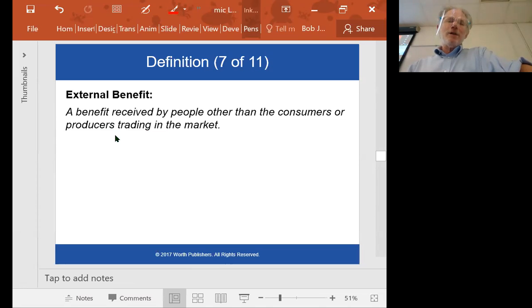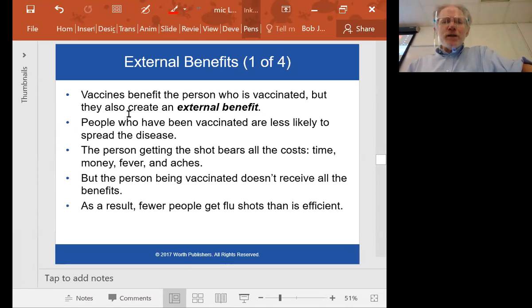Vaccines benefit the person who is vaccinated, okay, but they also create an external benefit because if you've been vaccinated, you're less likely to spread the disease to somebody else. In fact, if everybody else gets vaccinated, well, you don't have to get vaccinated because what they have done has been very beneficial for you.